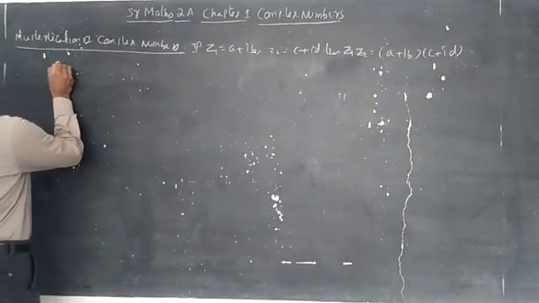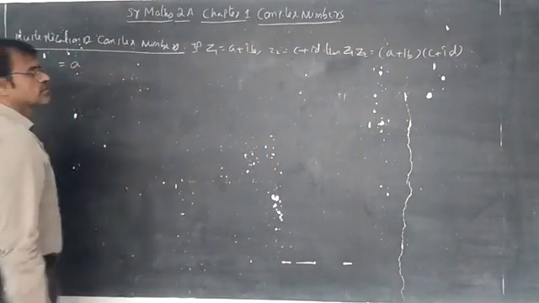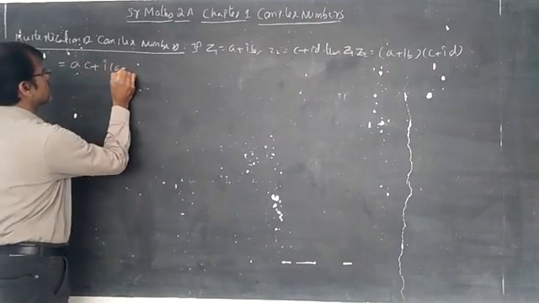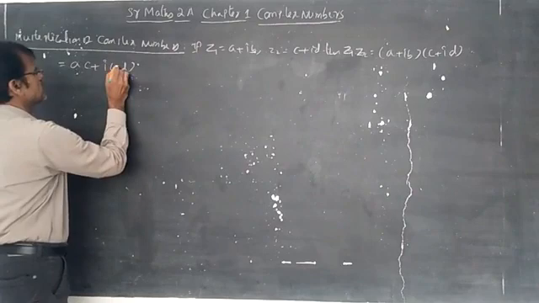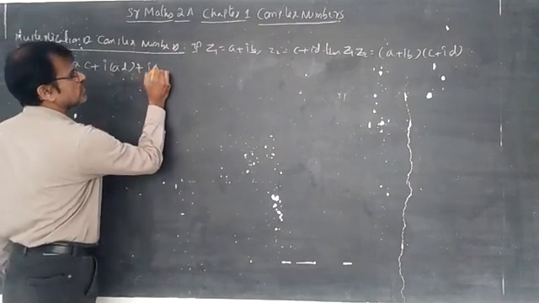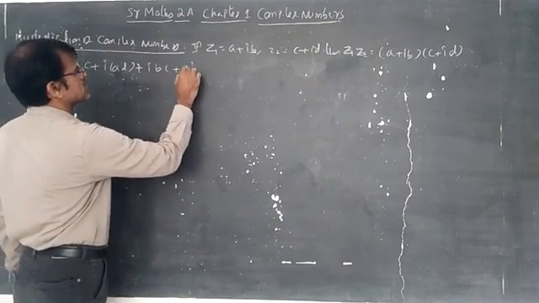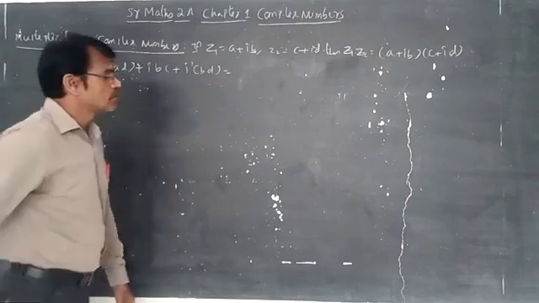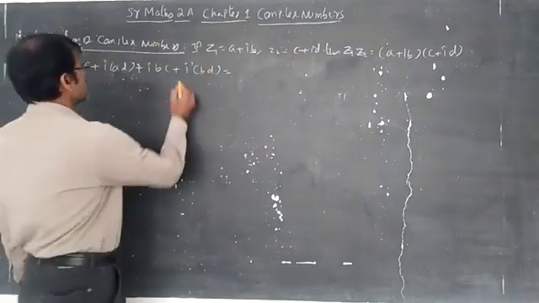Now multiply each term with each term. So AC plus i into AD, plus i into BC, plus i square into BD. I square is equal to minus 1.